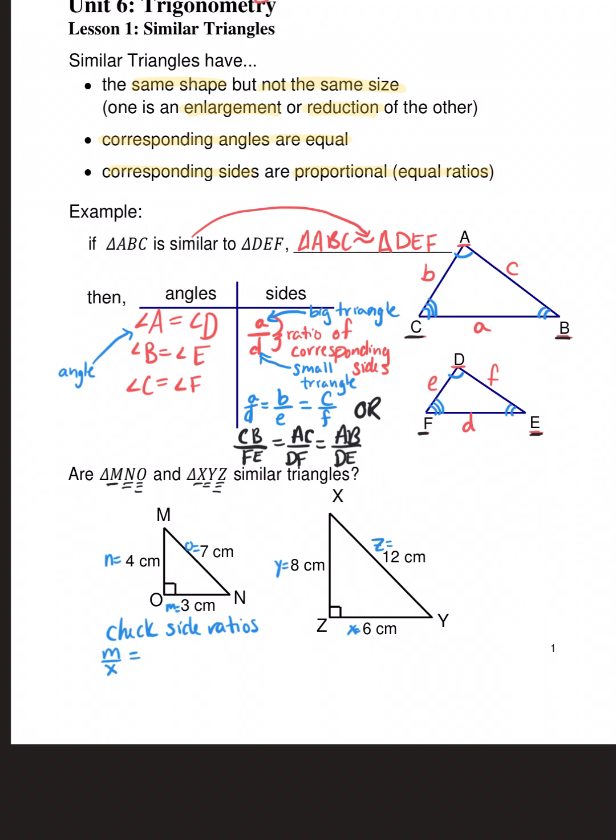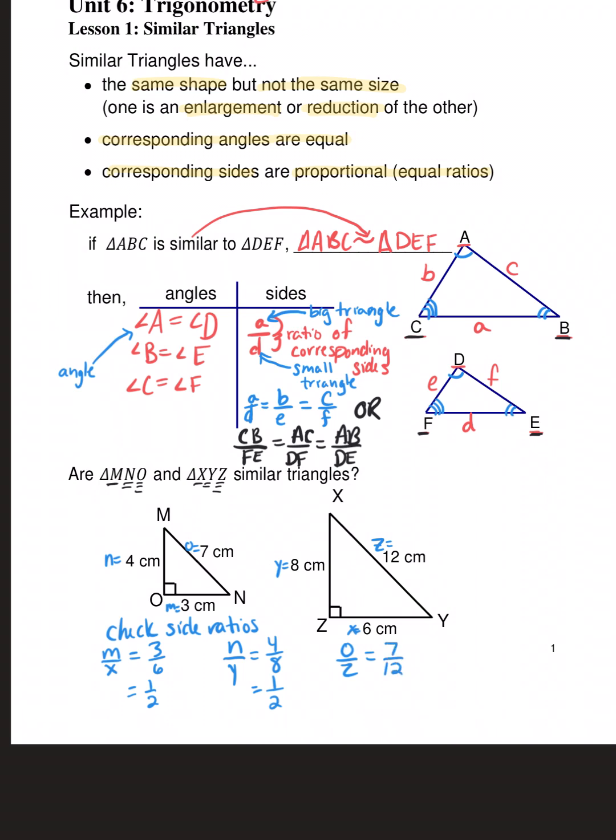So that's going to be 3 over 6, which reduces to 1/2. So we know the ratio of those two sides is 1/2. Let's check some of the other corresponding sides. So another corresponding side pair would be N over Y, which would equal 4 over 8, which is again 1/2. And then our last pair we have is O over Z, which would be 7 over 12.